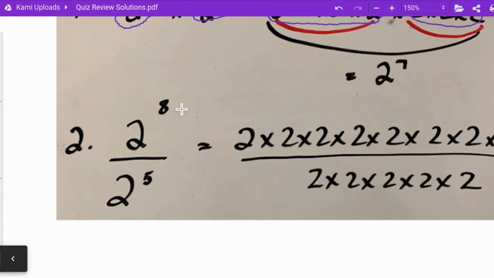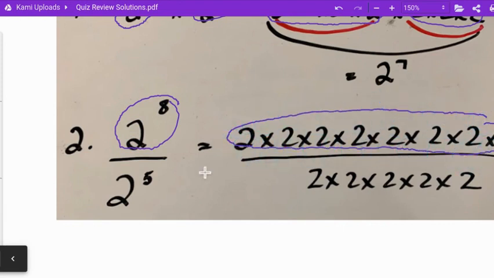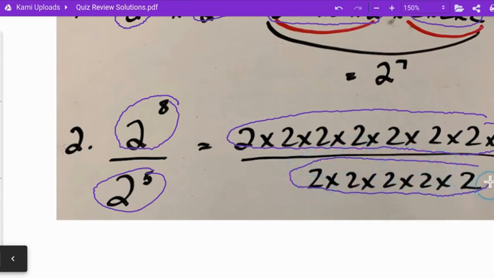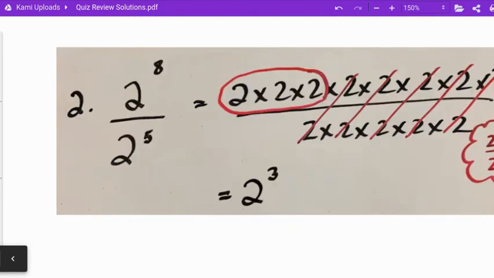We've got 2 to the 8th over 2 to the 5th. So we write out our 8 2's here being multiplied together, and we put the 5 2's in the denominator. The next step is we're going to simplify this.